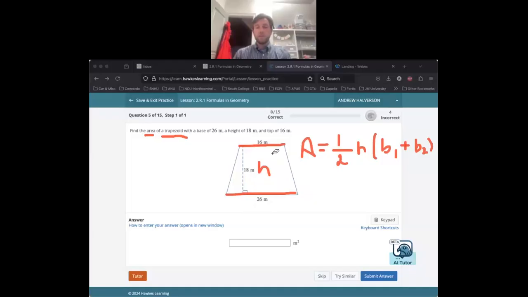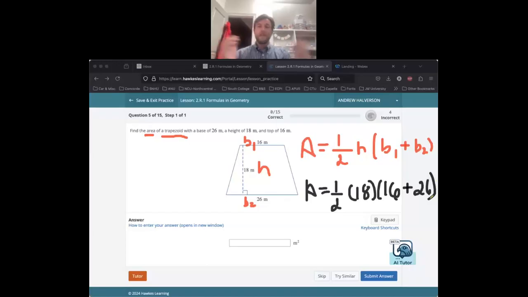Does it matter which one you call B1 and B2? No, it doesn't at all. So I'm going to call this one B1 and this one B2. Now plug everything in. Area equals 1/2 times the height, which is 18, times base 1, 16, plus 26.